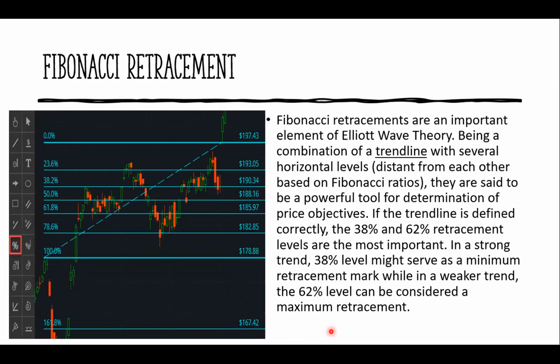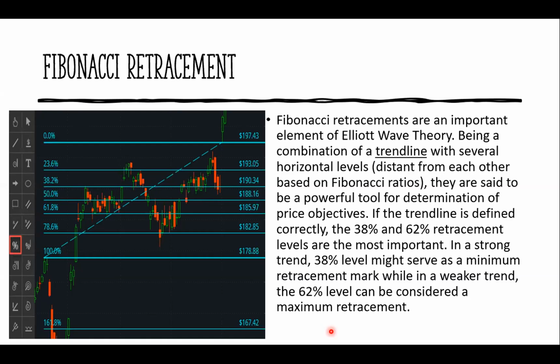The Fibonacci retracement is an important element of the Elliott wave theory. You will see that I use a lot of the Elliott waves, which help me understand where the market is going. The retracement is a combination of the trend line with several horizontal levels spaced apart based on Fibonacci ratios.